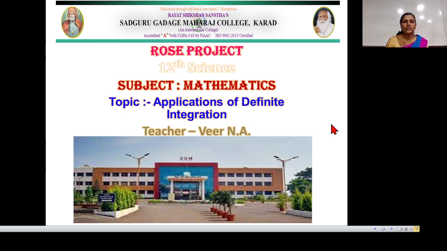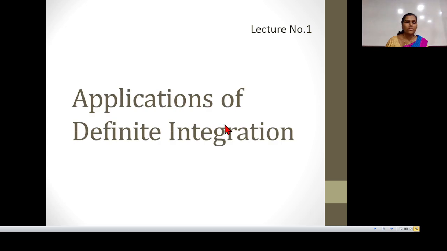In this lecture, we are going to see applications of definite integration. We are going to study about curves and area under the given curves.